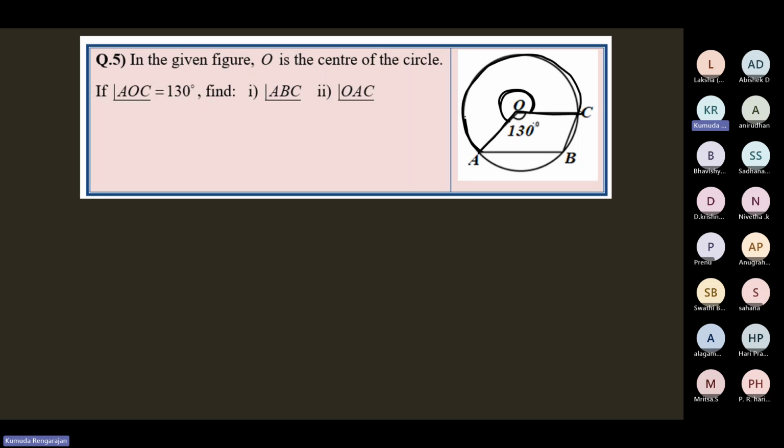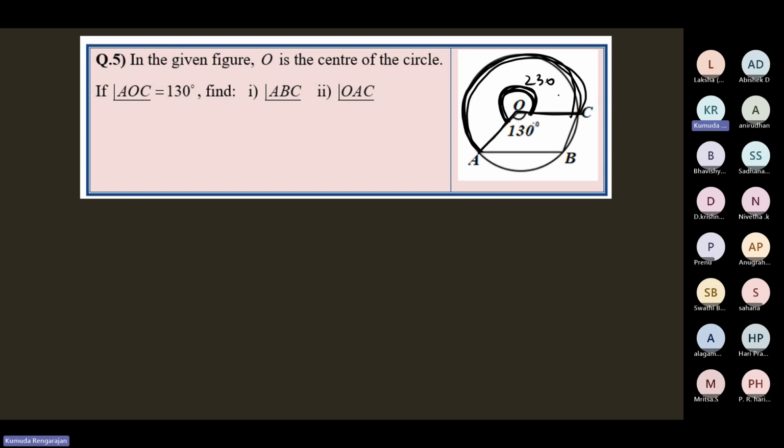So if you're talking about the major arc AC, then this is the angle subtended by it at the center. In the introduction class, I repeated this many a times. The major arc AC subtends reflex angle AOC at the center.